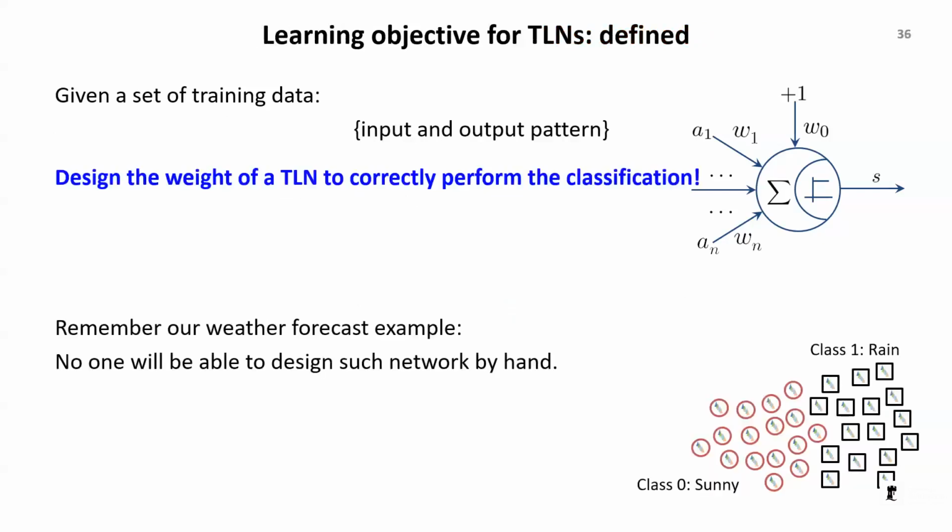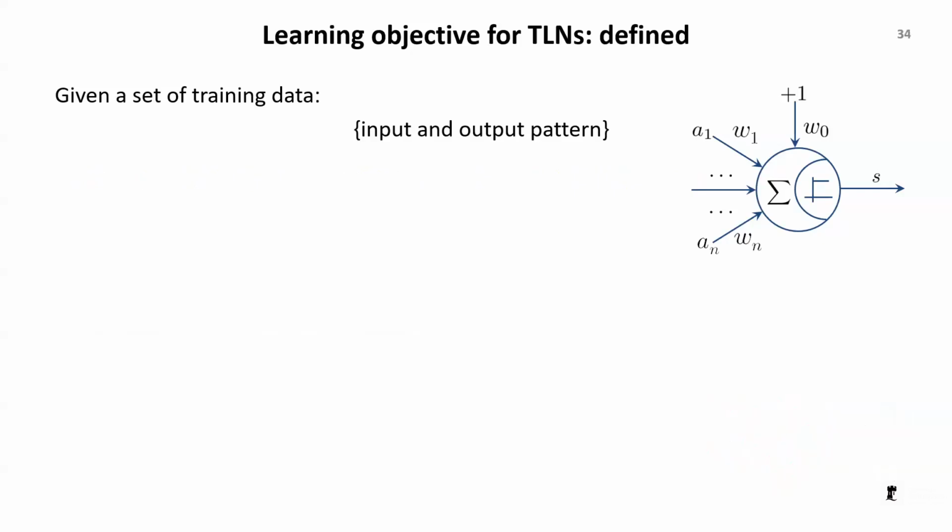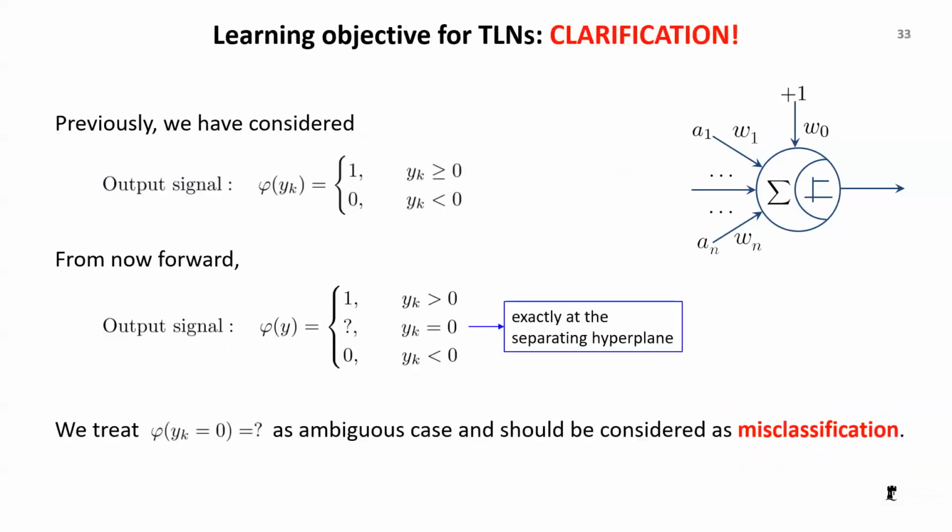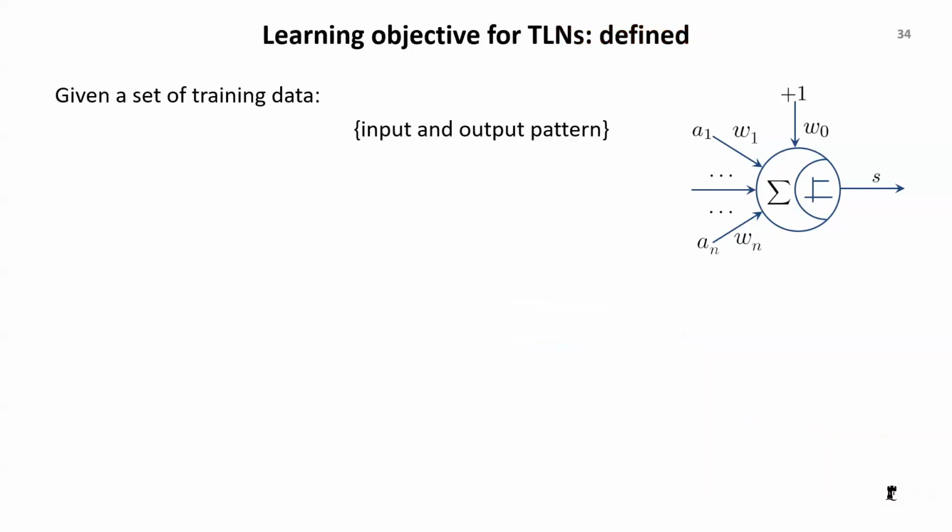So from now on, if it is equal to 0, the output will be 0. Only if it's positive is the output 1, which is clearer. So what we have now on hand is a pair of input and output patterns.